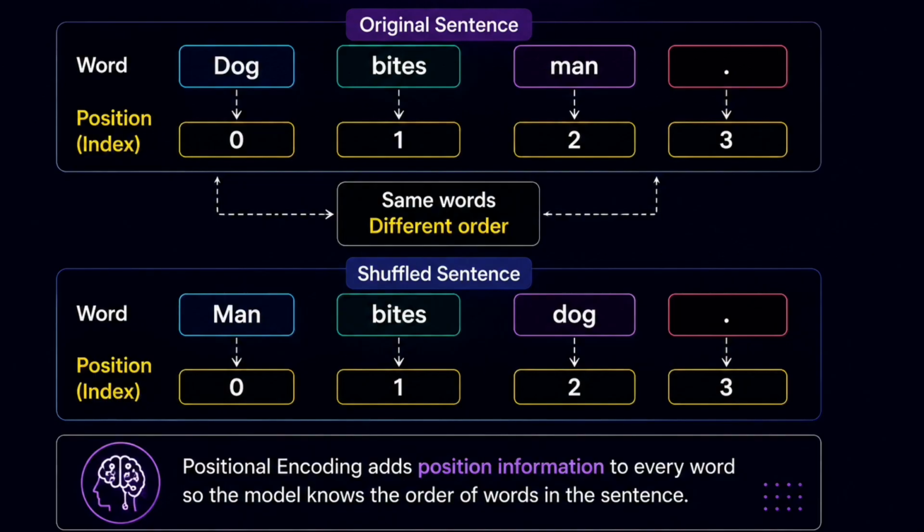But when I shuffle them, it creates a completely different meaning. Since the transformer processes all words simultaneously, it does not naturally know their order. So positional encoding solves this problem. It tells the model where every word appears in the sentence. So now the model understands both the meaning of each word and its position.